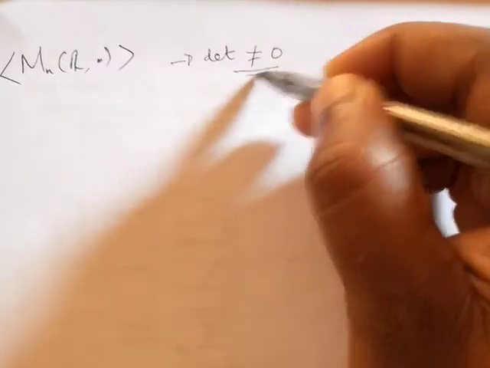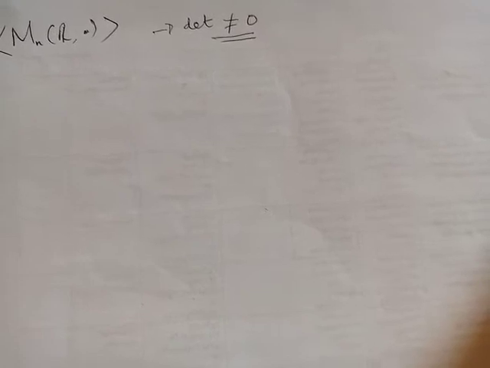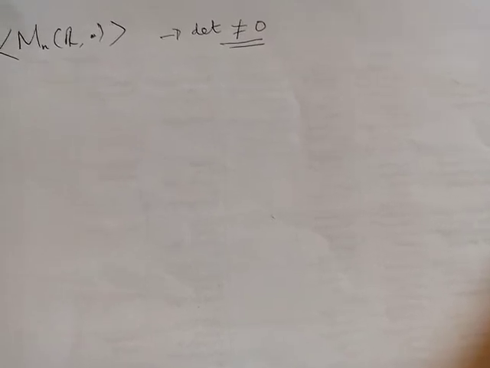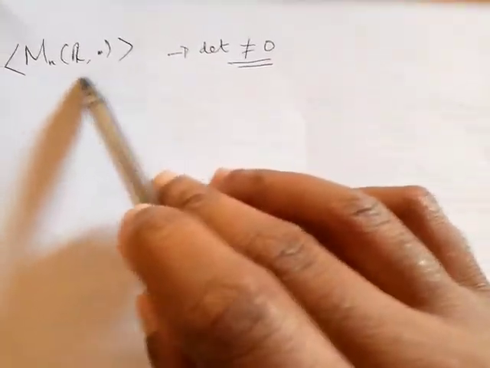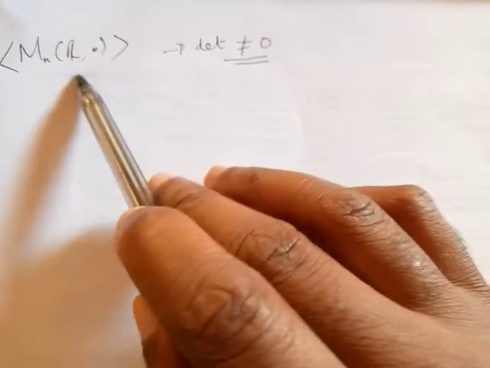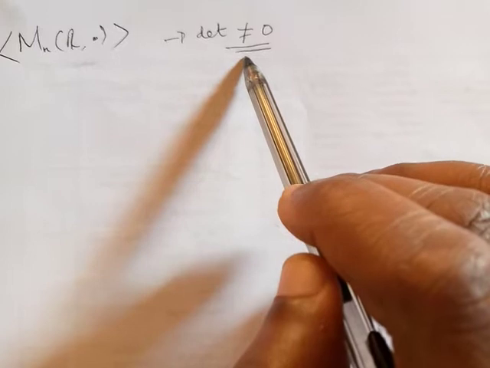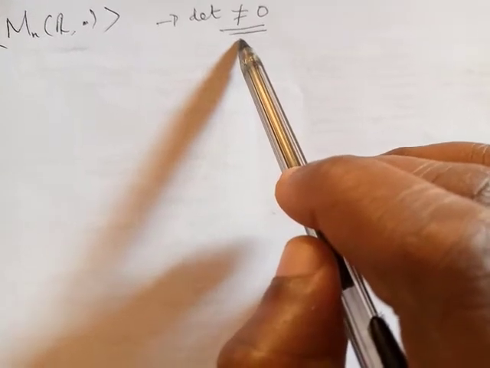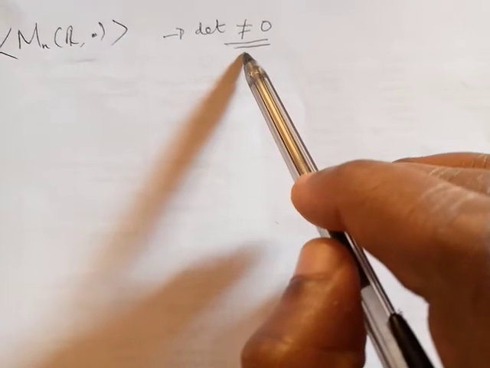Because if the determinant is 0, then we will not be able to get the inverse, and that means it will not be a group. But if we take all matrices whose determinants are not 0, then we'll be able to get a group.